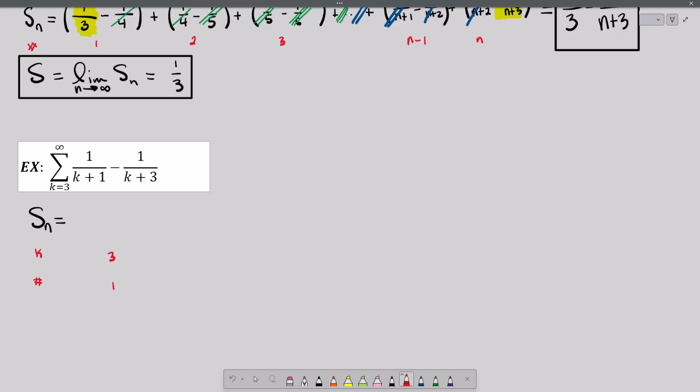So we plug in a 3, and we get 1/4 minus 1/6. So the k value is 3, that's the first term. Now we go to the second term. I'll put a 2 in the number row. That means k is going to be 4. So plugging in k equals 4, we get a 5th minus a 7th.